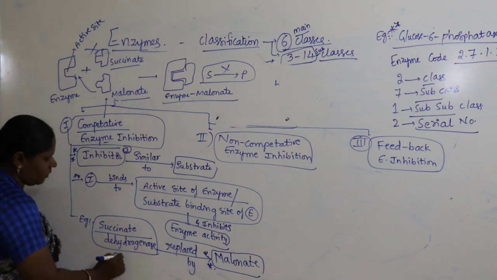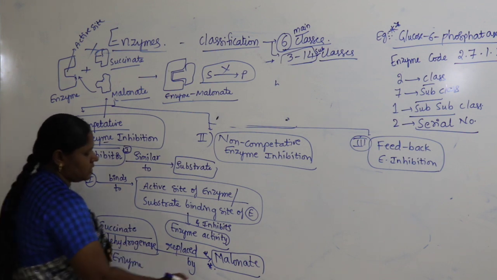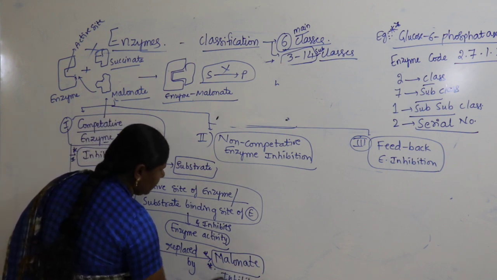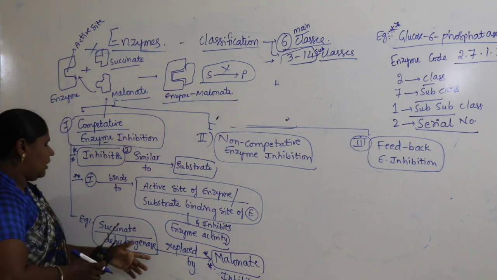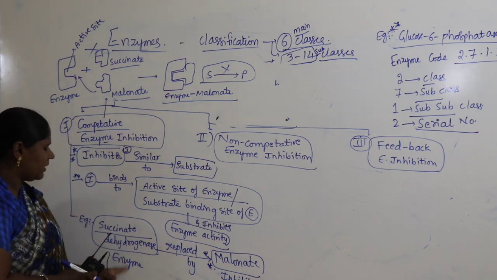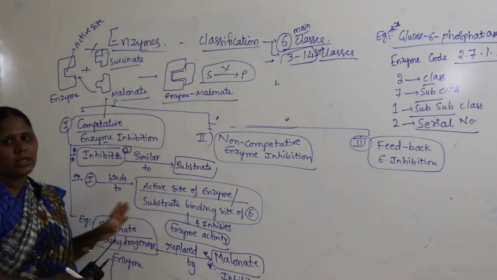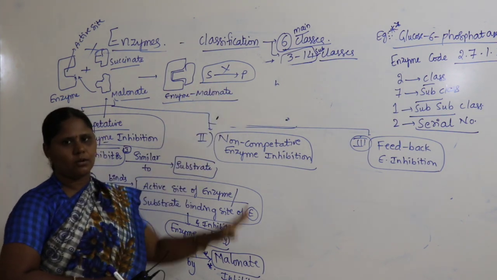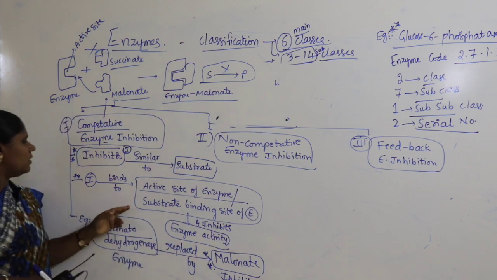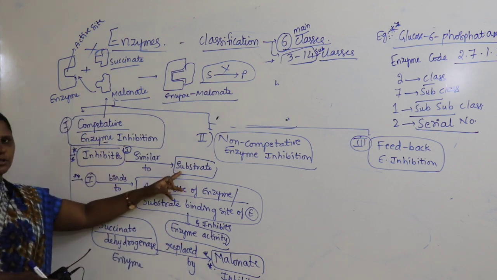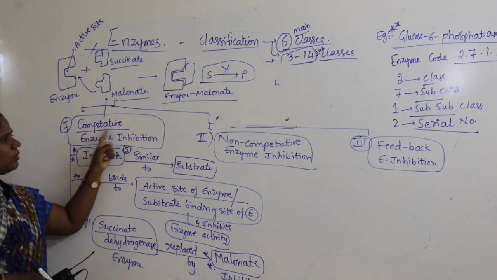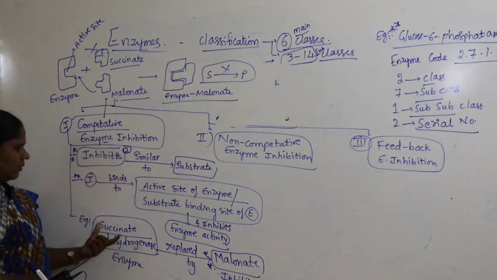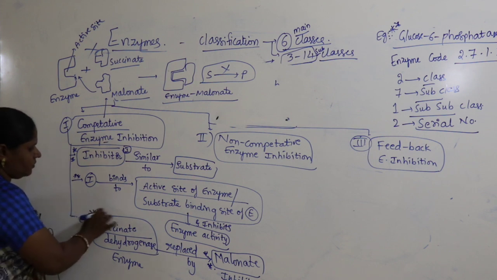The inhibitor replaces succinate by blocking the enzyme succinate dehydrogenase, thereby inhibiting the complete reaction. The substrate will not get converted into product. That means the inhibitor is in competition with the substrate. That's why it's called competitive enzyme inhibition. I hope all of you got it. Remember these two examples.